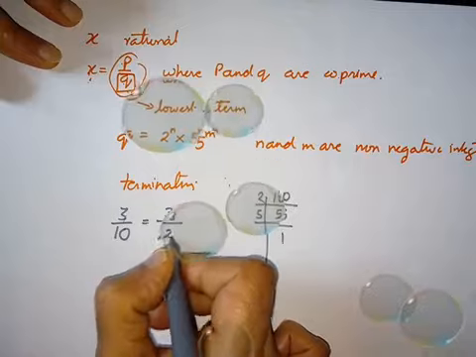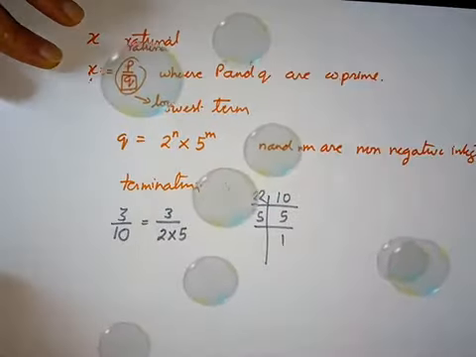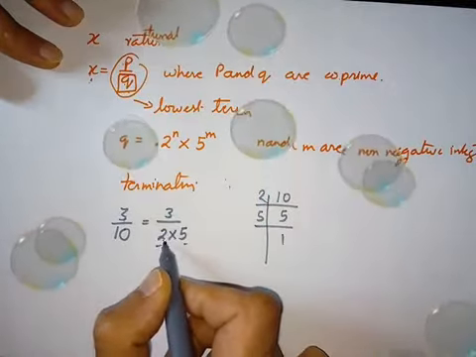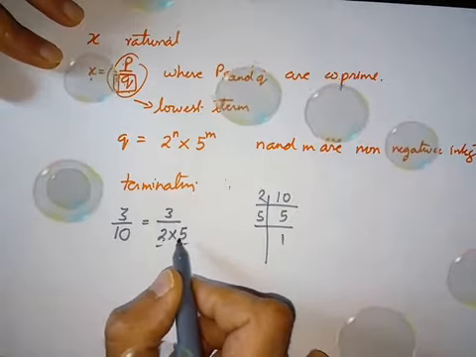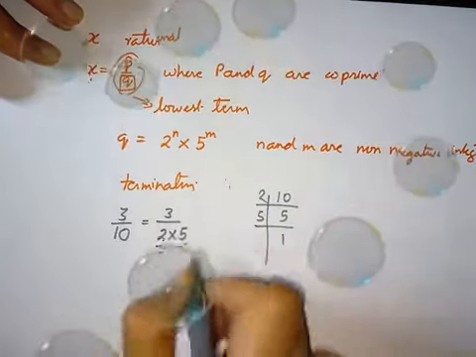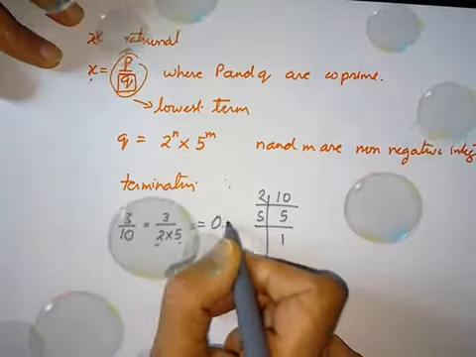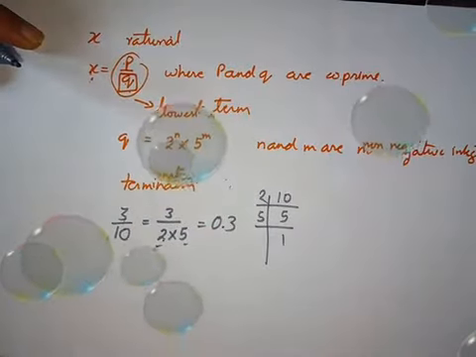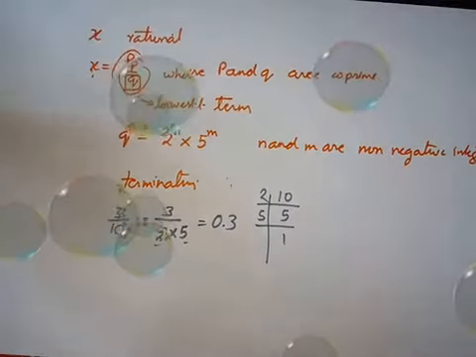The prime factorization of the denominator has factors 2 and 5 only, hence this will give you a terminating decimal representation, and that is 0.3. Let us take a few more examples.